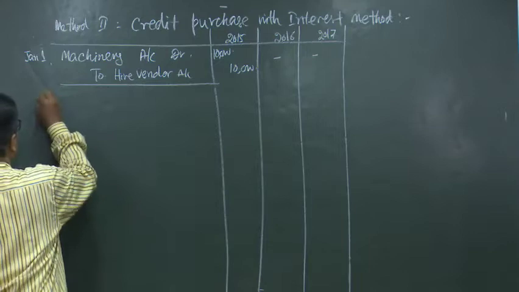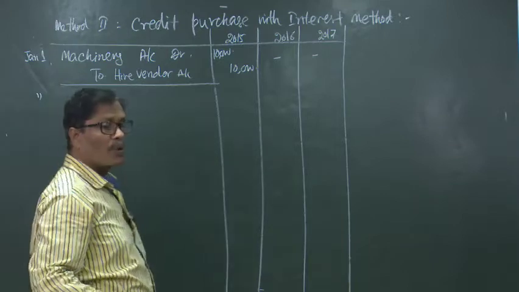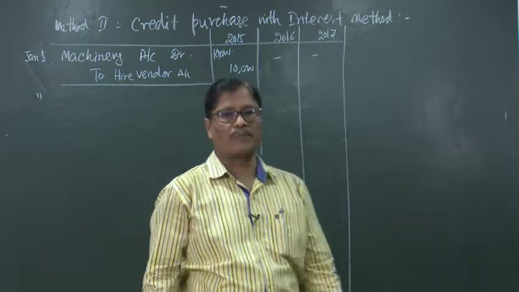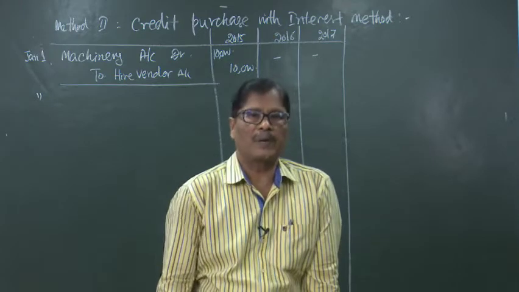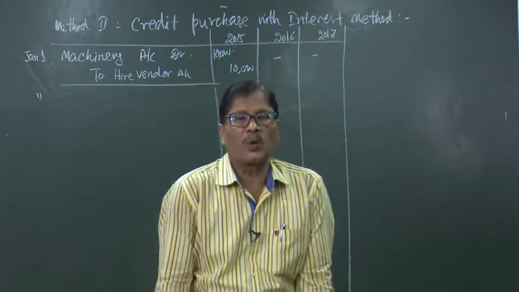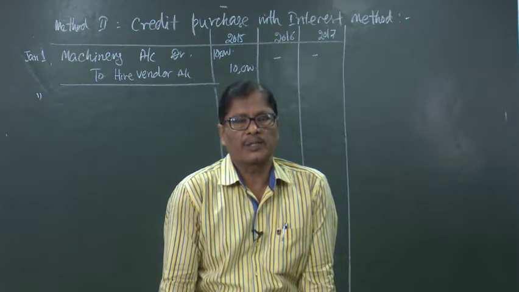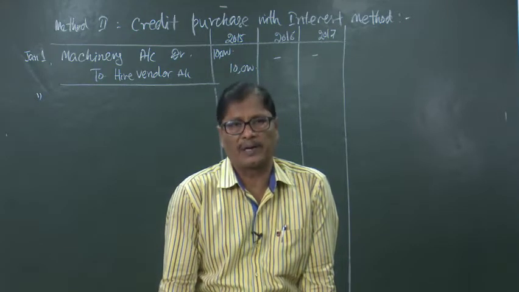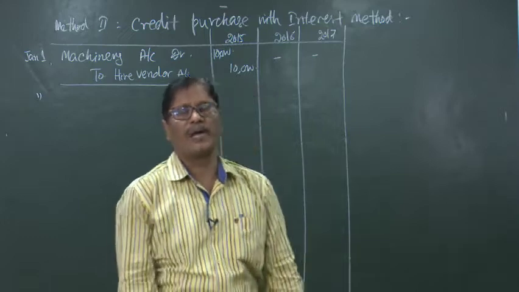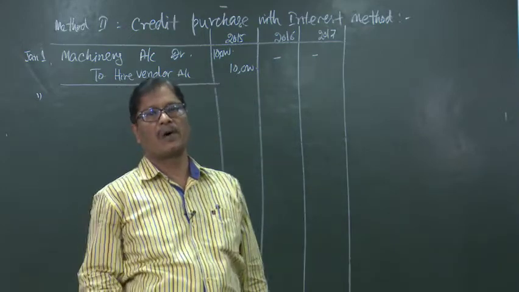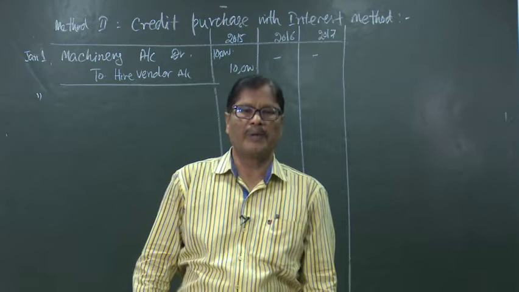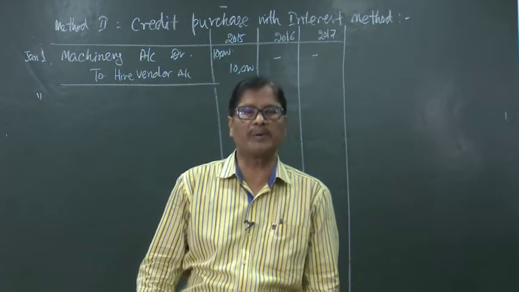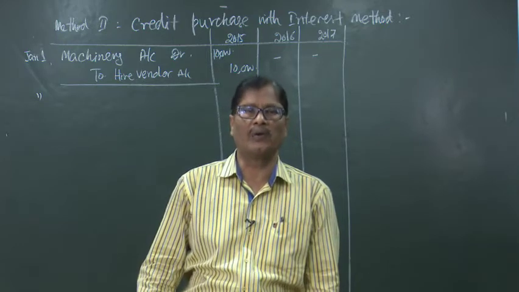Then on the same date, one more entry will be passed for the down payment. When we are making the down payment, there is no element of interest. So, for the entire amount of 1,000 rupees which we are making as a down payment, the entry will be hire vendor account debited. Why will hire vendor account be debited? Because debit the receiver, he is receiving 1,000 rupees from us by way of down payment.